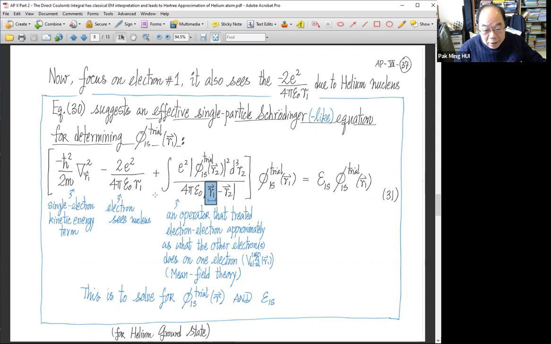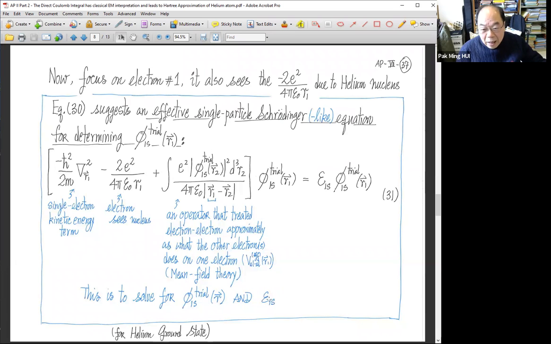So look at this. Finally, we have one equation to solve for our unknown 1s state, as well as an unknown energy that I call epsilon 1s. This can be regarded as the energy for the helium 1s state, okay, later.